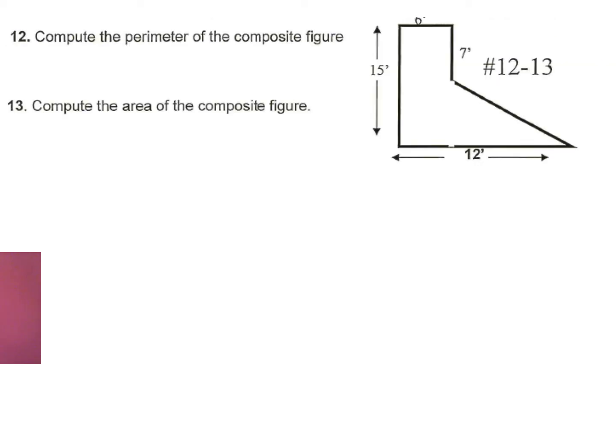Alright. Tricky one here. Be careful with this one. This is a 6 up top. 15, 12. I think I want to change this to a different number because people get a little confused on what's going on. Let me change that.